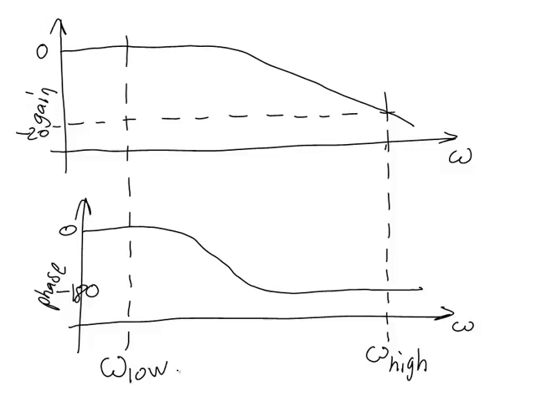Now I'll go and get the gain for the low frequency. I know that gain is equal to 20 times the log of the amplitude of the output over the amplitude of the input. The Bode plot shows that my gain here is 0, meaning that the amplitude of the output and the input are the same.